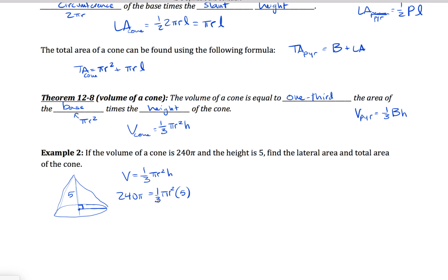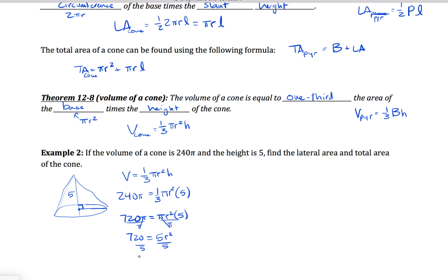First of all, let's get rid of this 1/3 by multiplying the other side by 3. So 240 times 3 is 720. Now we have 720 pi equals pi r squared times 5. Next I'm going to divide by pi on both sides. That cleans up the pi, and now it looks a little bit cleaner: 720 equals 5r squared. I just rearranged that.